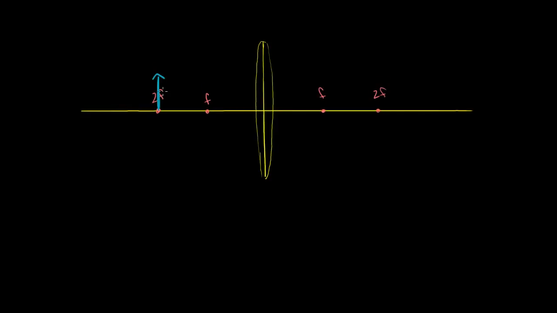You might want to do it on paper on your own just to get some practice doing it. But we'll do one ray that is parallel, and when it gets refracted, it will go through the focal point on the other side. And then we'll do another ray that goes through the focal point on the left side, and then it will become parallel. And they converge right over there.